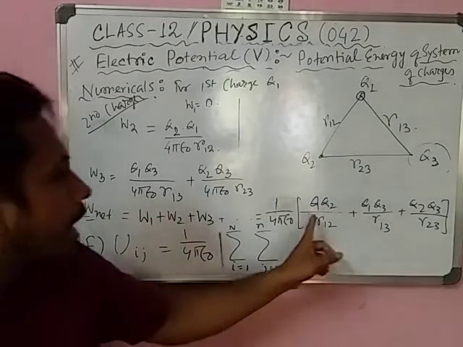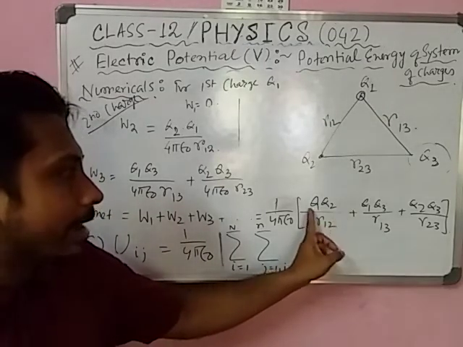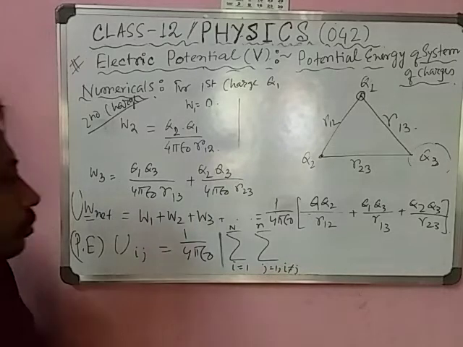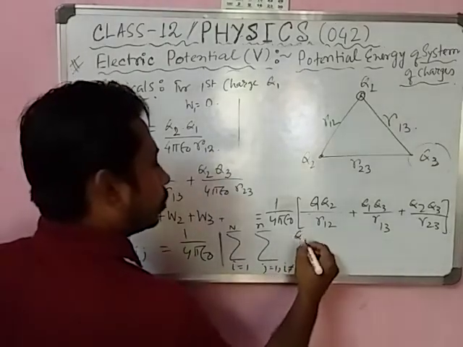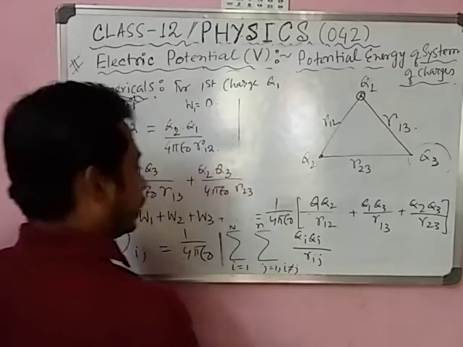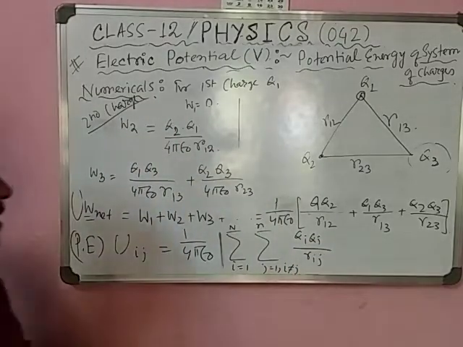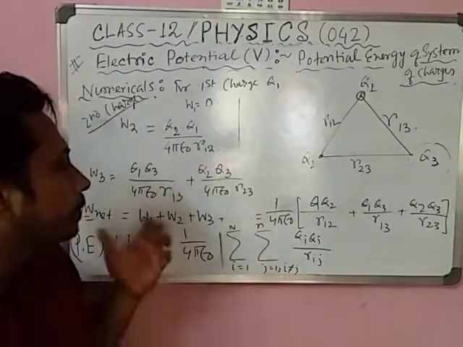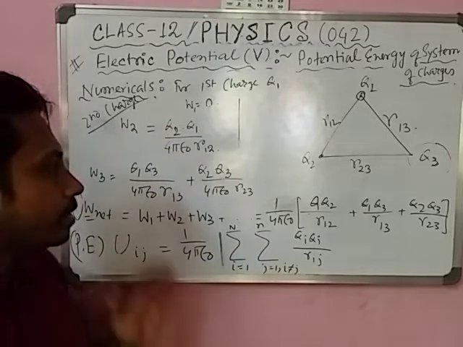See, 1 and 2, so i and j not equal, you can write qi qj by rij. This is the potential energy for the system of charges. Students, please pause the video and write the whole question.